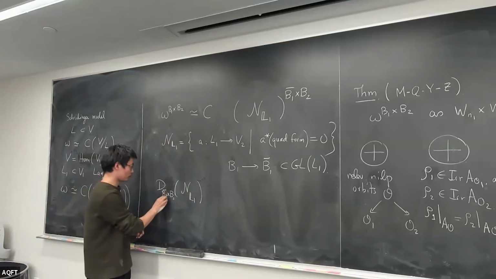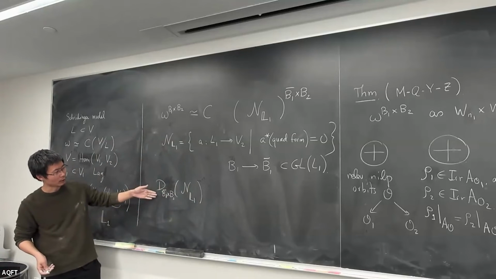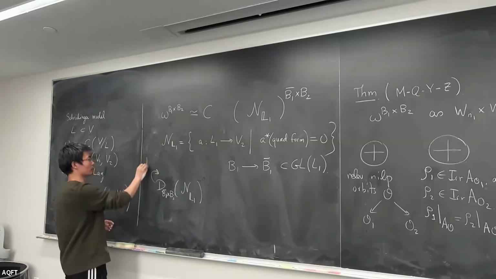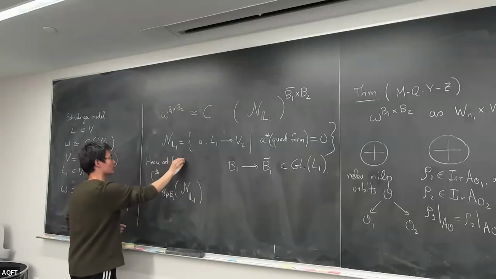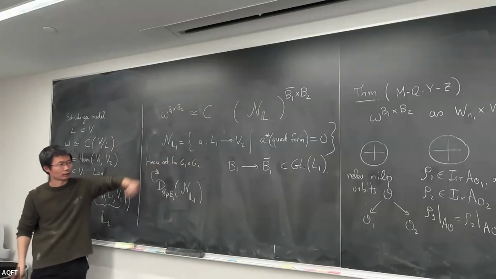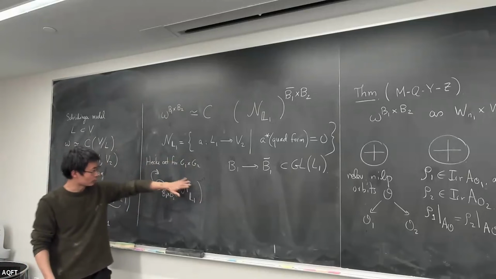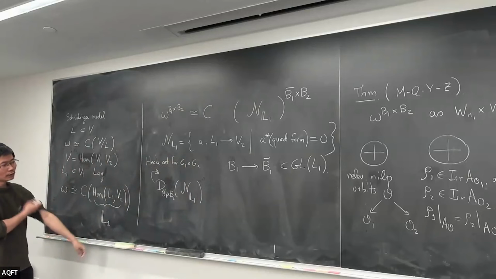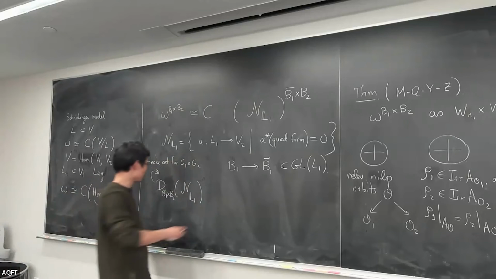At the categorified level, we would like to understand how the Hecke category, B1 and B2, act on this category. This is a module for the Hecke category. Ultimately, we would like to understand the structure of this category as a Hecke bimodule, but we're still some distance from there.